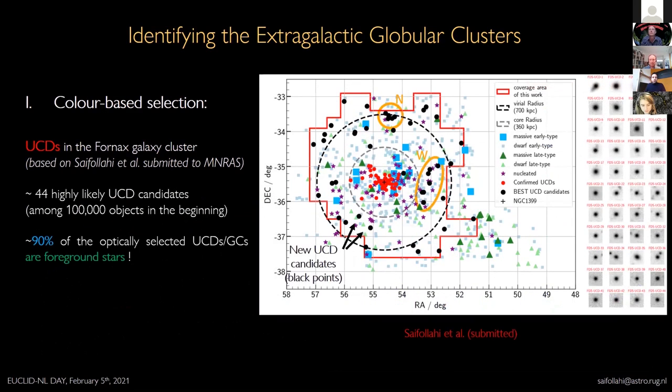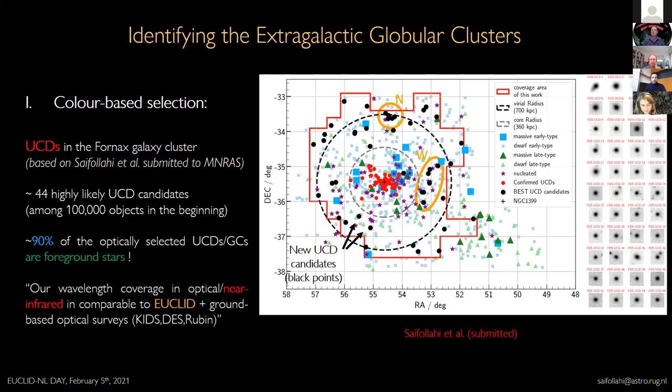We found almost 44 highly likely candidates. Just imagine that at first we have something like 100,000 objects, and if our method is a bit uncertain, it can lead to lots of contamination. A 1% contamination will give you about 1,000 objects. Because here we have near-infrared photometry, we could explore the fraction of contaminants in optically selected samples, and we see that it can be up to 90% contamination.